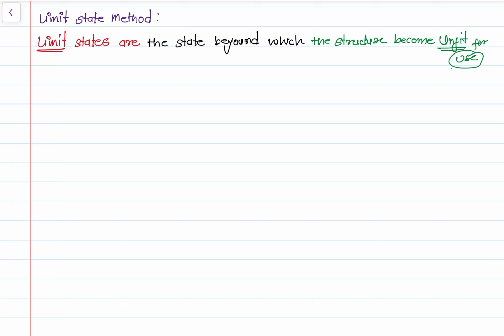So you cannot use the structure beyond the limit. This is a very important thing which I have explained to you today.